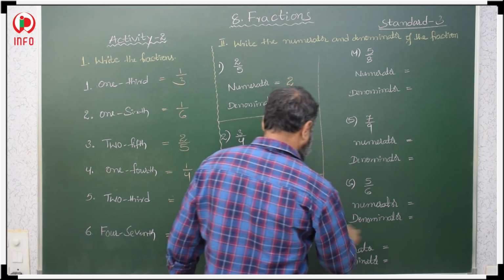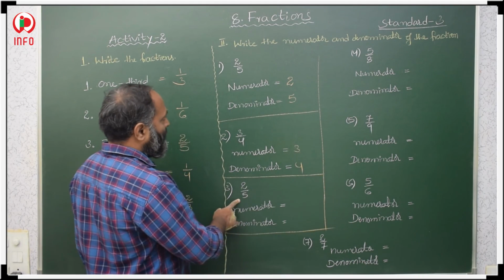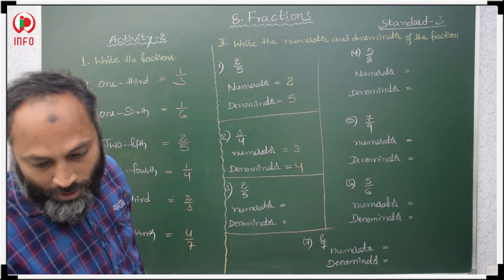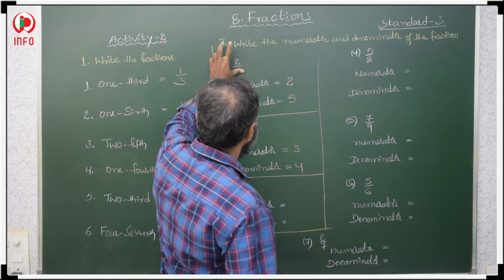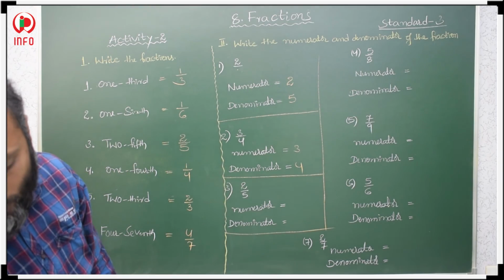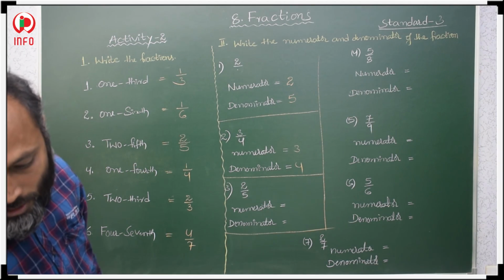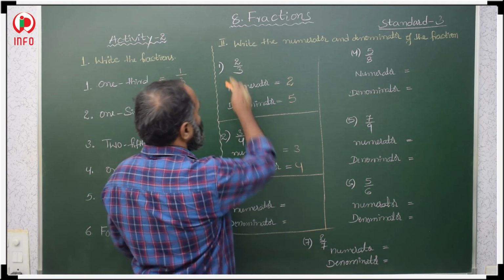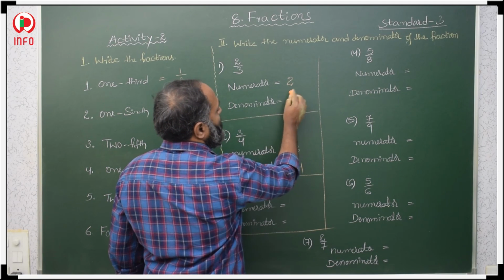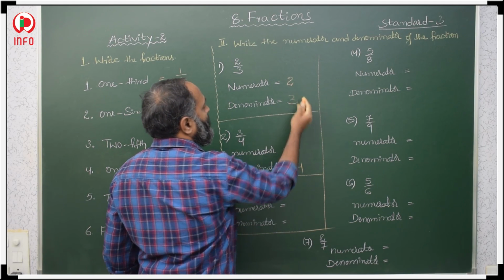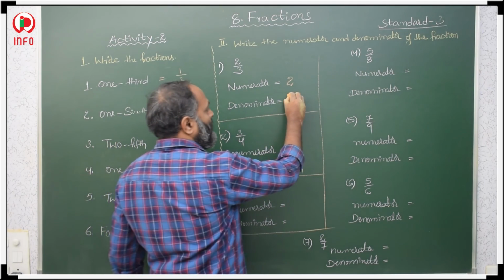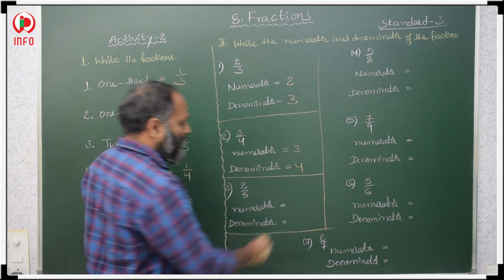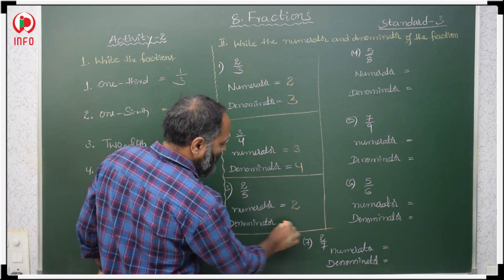Next, the first one is 2 by 3 here, it is not 2 by 5. In this 2 by 3, 2 is the numerator and 3 is the denominator. Next, 2 by 5, the numerator is 2 and the denominator is 5.